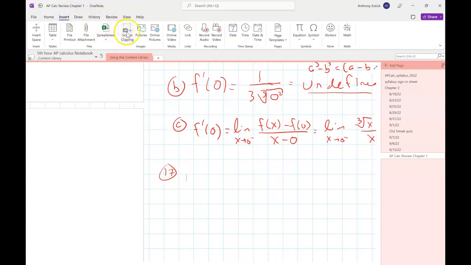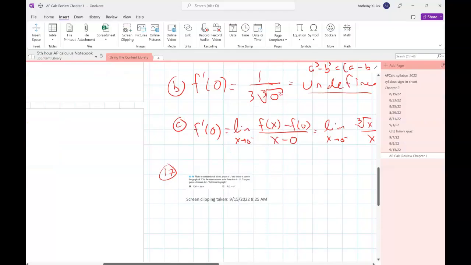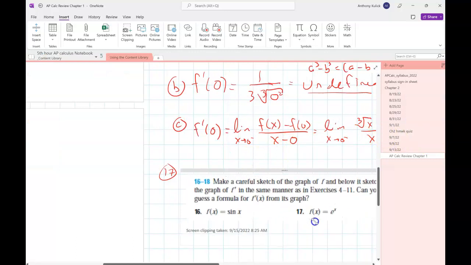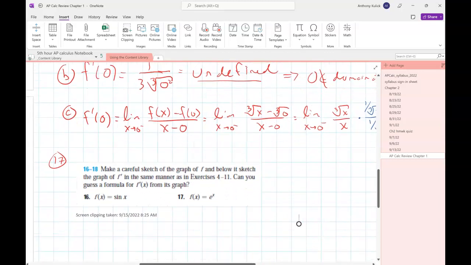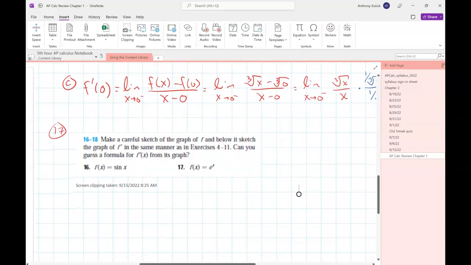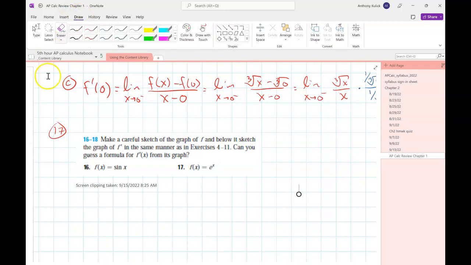I guess as long as I have this all set up, I might as well do the inserts here. Okay. All right. So let's do this. I'll make a graph of e to the x here real quick.